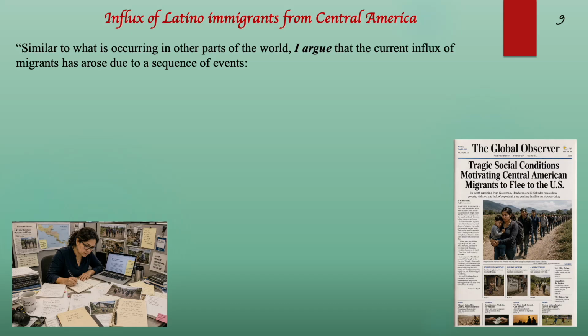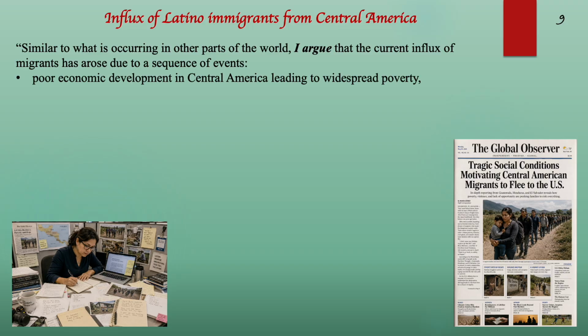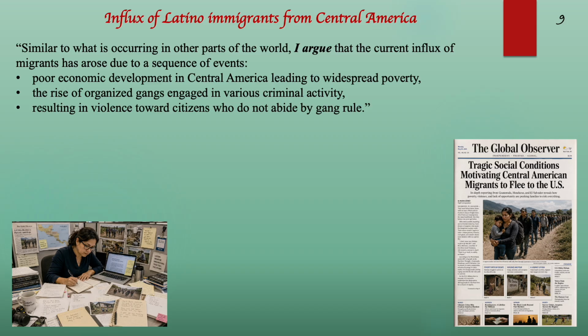Poor economic development in Central America, leading to widespread poverty. The rise of organized gangs engaged in various criminal activity, resulting in violence towards citizens who do not abide by gang rule. End quote.